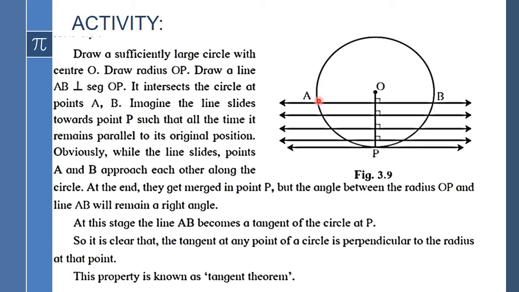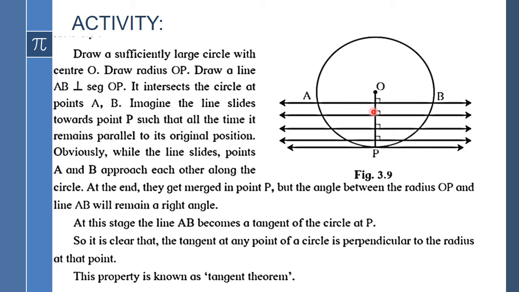It intersects the circle at 2 points, A and B. Now imagine that this line is sliding downwards from the first position to the second position. It is sliding in a straight line, that means it stays parallel to the original position, and slowly it will come down and down.